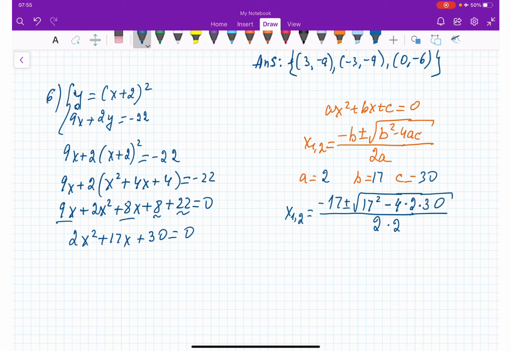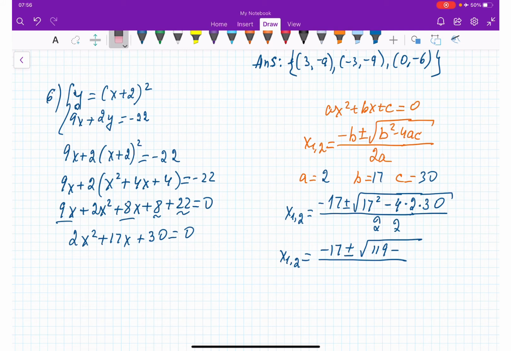And x12 is equal negative 17 plus minus. So 17 times 17, 17 squared, it's going to be 119. Minus, how much is it going to be? What? I don't think so. Something is wrong. Hold on. 289.